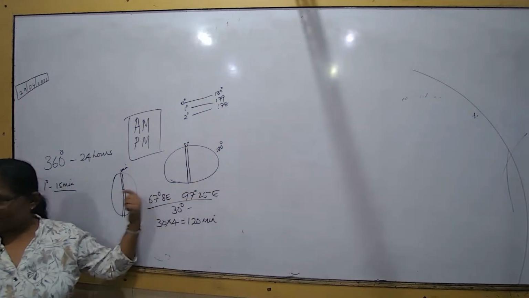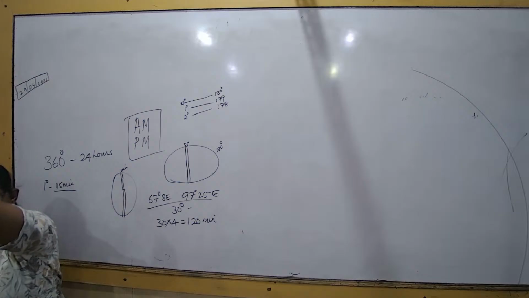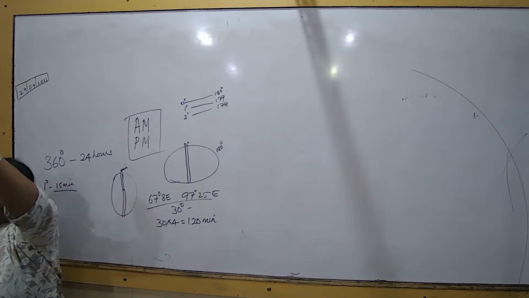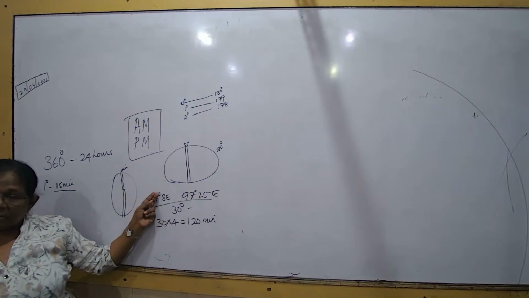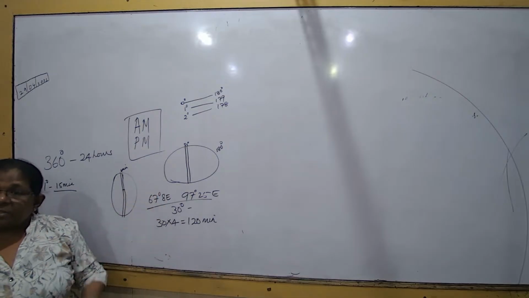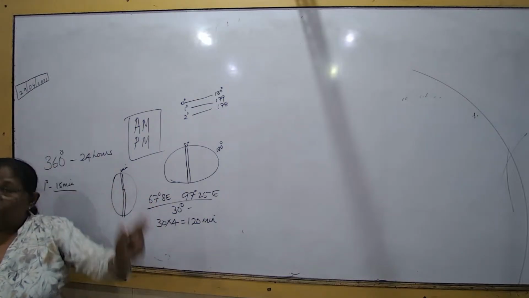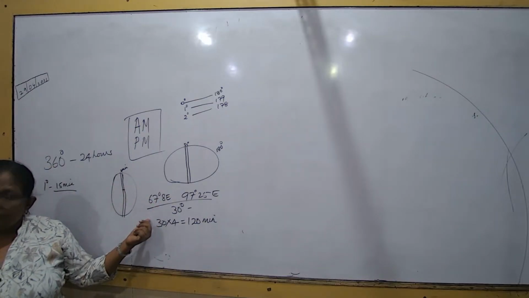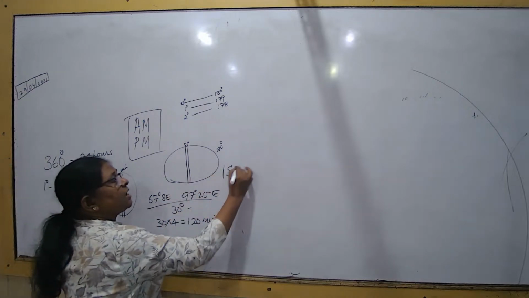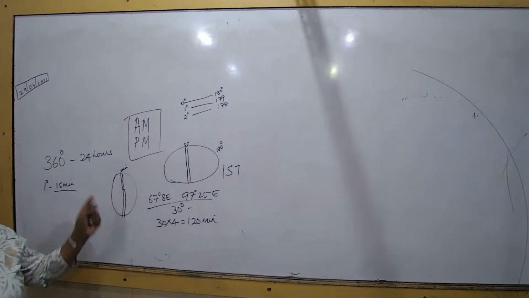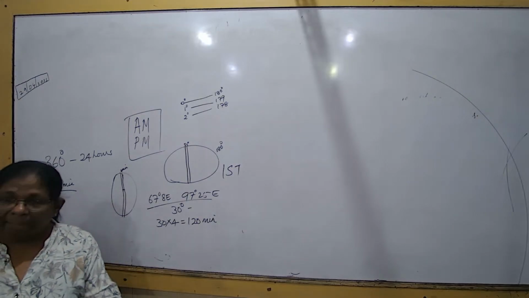The sun rises in the east, that is Arunachal Pradesh, about 2 hours earlier. So in order to avoid the time difference in the whole country, we have taken a standard time. That is what we call IST, Indian Standard Time. So if it's 2 o'clock in Arunachal Pradesh, it is 12 noon in Gujarat.